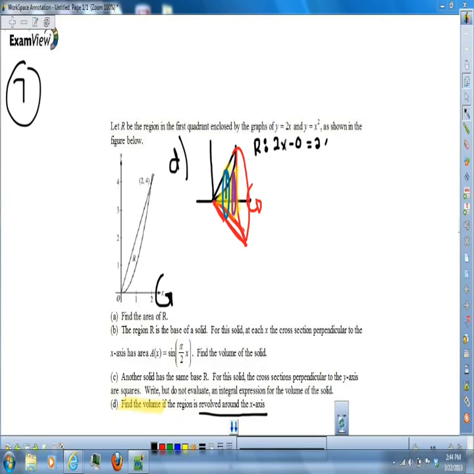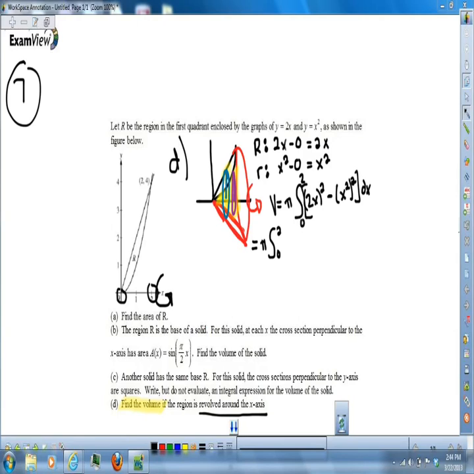Big R is going to be the top minus the bottom, so 2x minus 0, or 2x. Little r would be x squared minus 0, or x squared. For my volume, remember that the area of a cross-section is pi r squared. It's going to be pi times big R squared minus little r squared, and I'm going from 0 to 2.